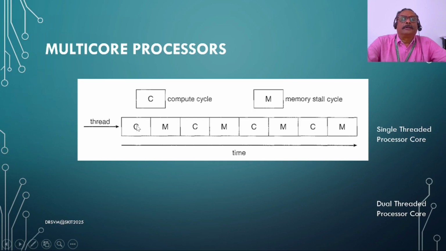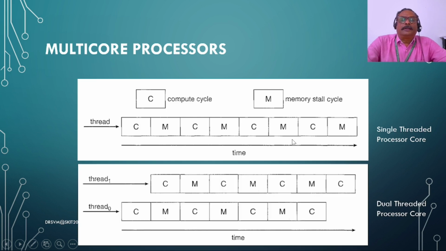It works with a compute cycle and a memory cycle alternately. Instead of that, if we could create a two-thread processor core, then when one thread is working with memory, the other thread could be working with a computation.